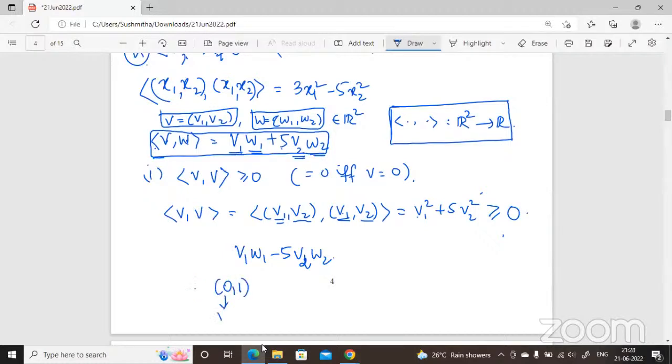And W2 is, let W be, say, 0, minus 1. That's the notation we are following: V1, V2 for V, W1, W2 for W.